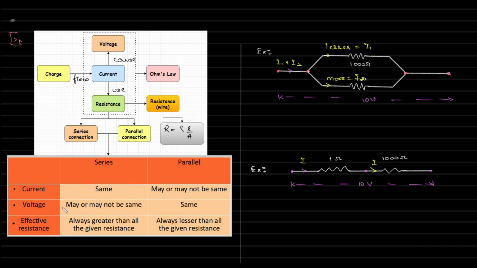When it comes to voltage, in series, the voltages may or may not be the same. If I call the nodes A, B, C, the voltage across VAB we'll just take as V1, and this will be a small value, and VBC will be a big value.